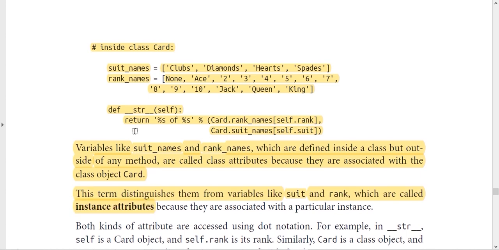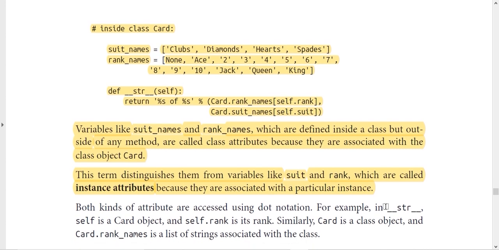So here these suite names and rank names are actually class attributes, and the self.rank and self.suite are attributes of the object that we instantiate or create. So these two are totally different. The suite and rank are called instance attributes because they are associated with a particular instance or object, as I told you.